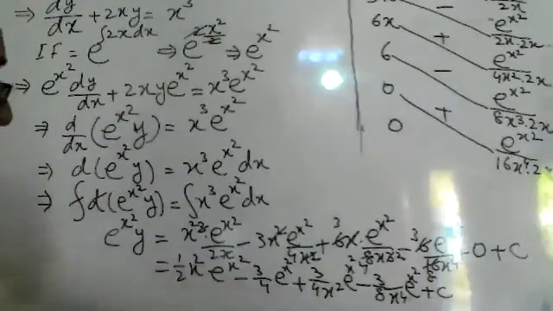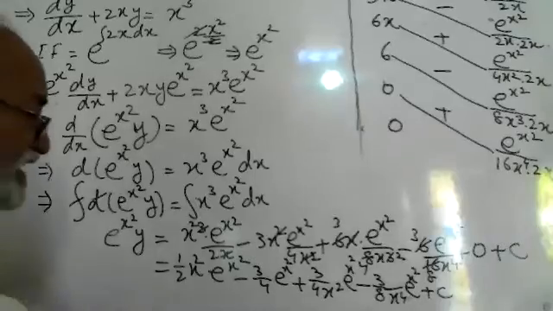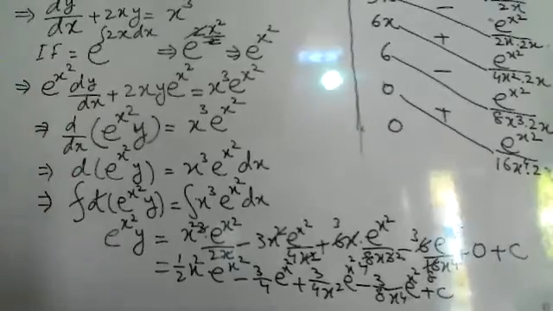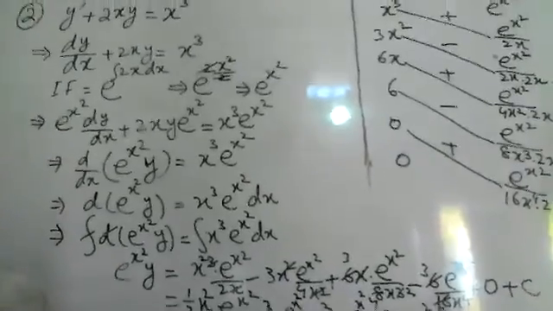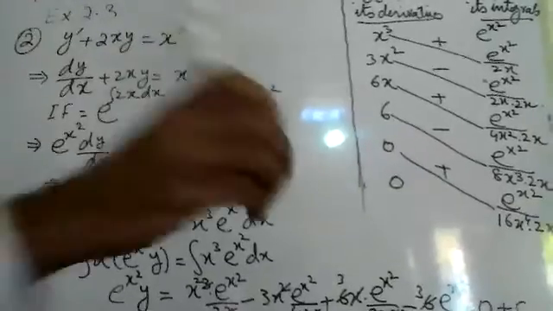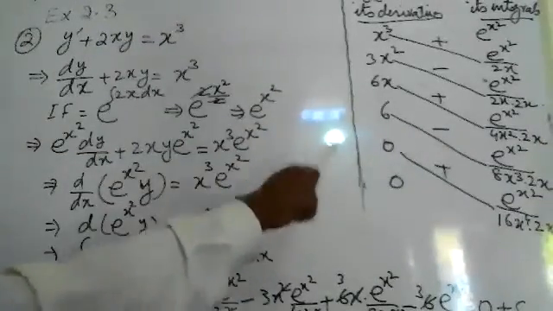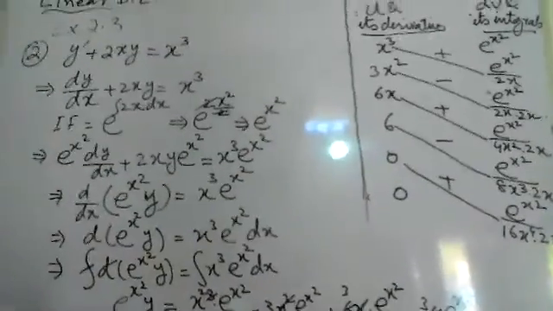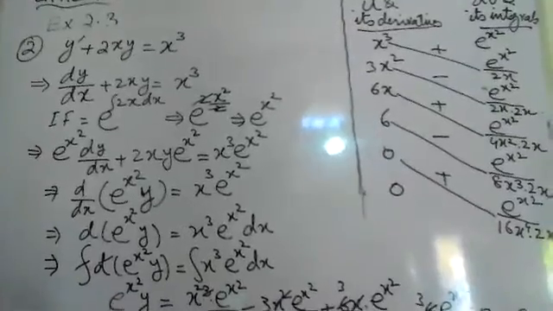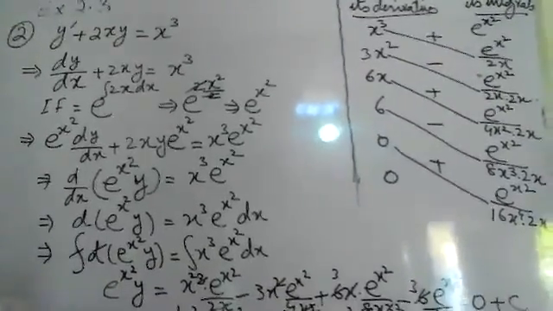So that answer is also a lengthy answer. So this is the way we will solve this question. Understood? Here we did it with the tabular form. This is the tabular form: u and its derivative, dv and its integrals.